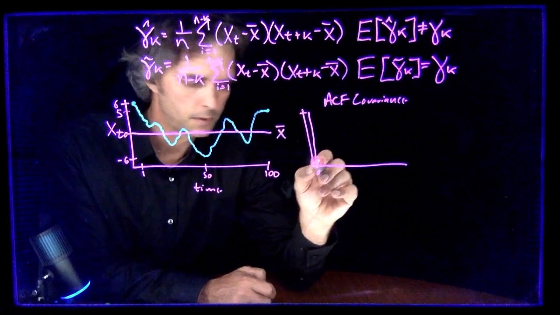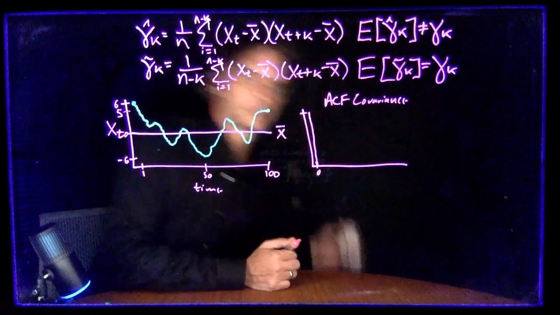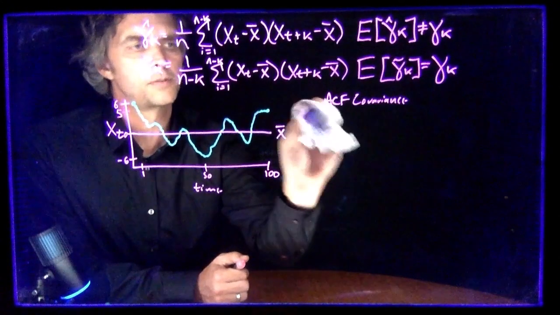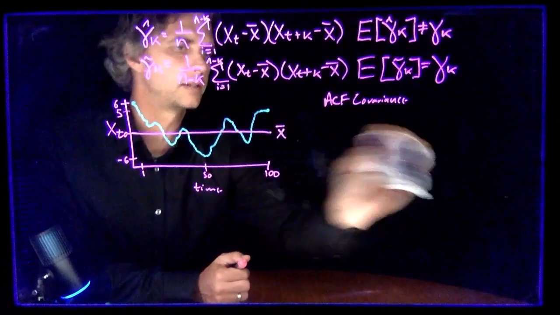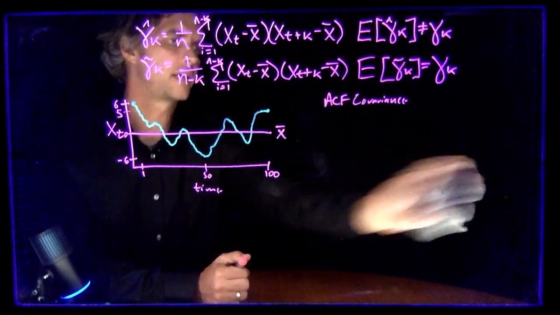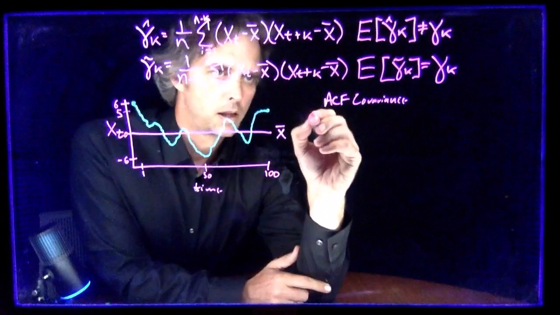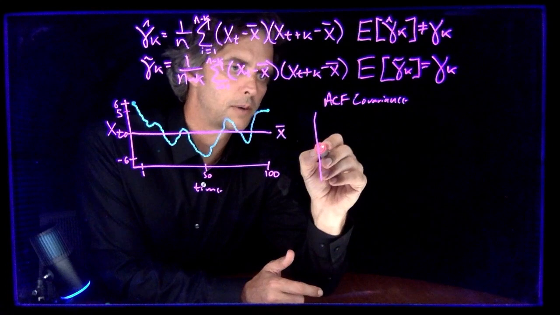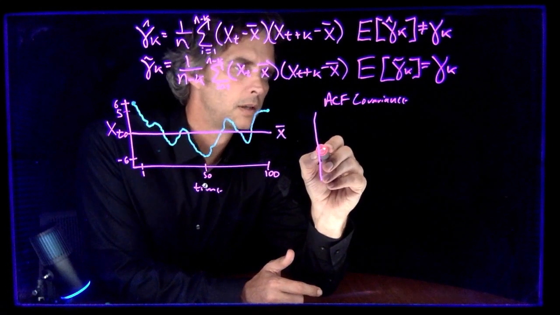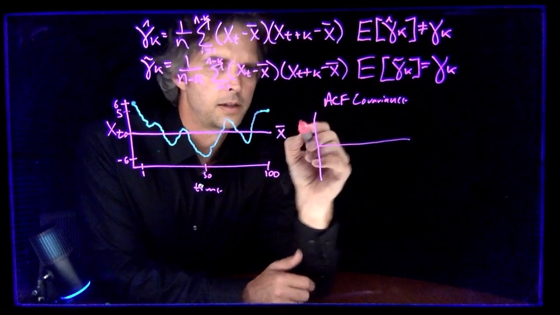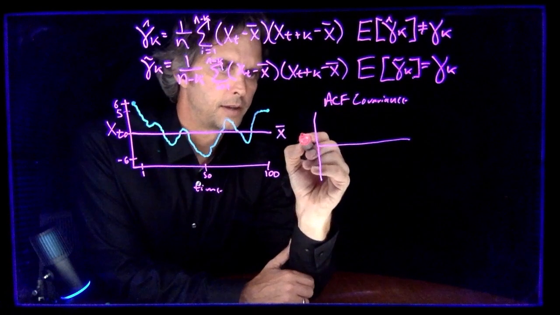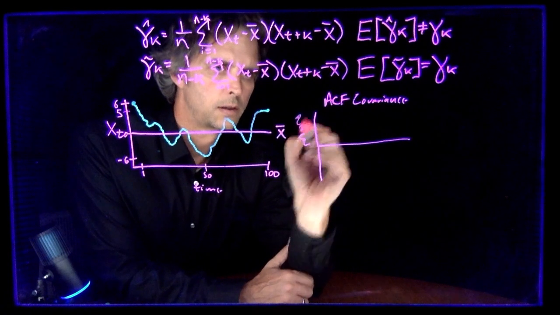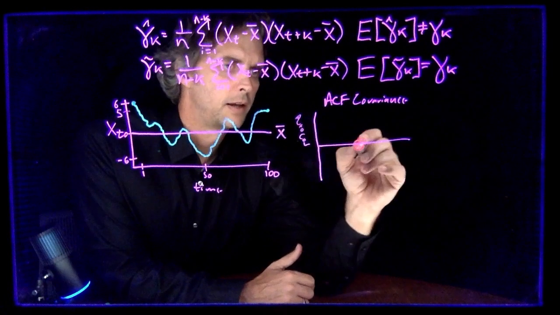If I was talking about correlation, I'd make this go from -1 to 1, but we're talking about covariance, so I'm not going to label the scale. It's not important what the numbers are right now, just if they're positive or negative and kind of their magnitude. So that is the autocovariance, and this is the lag.